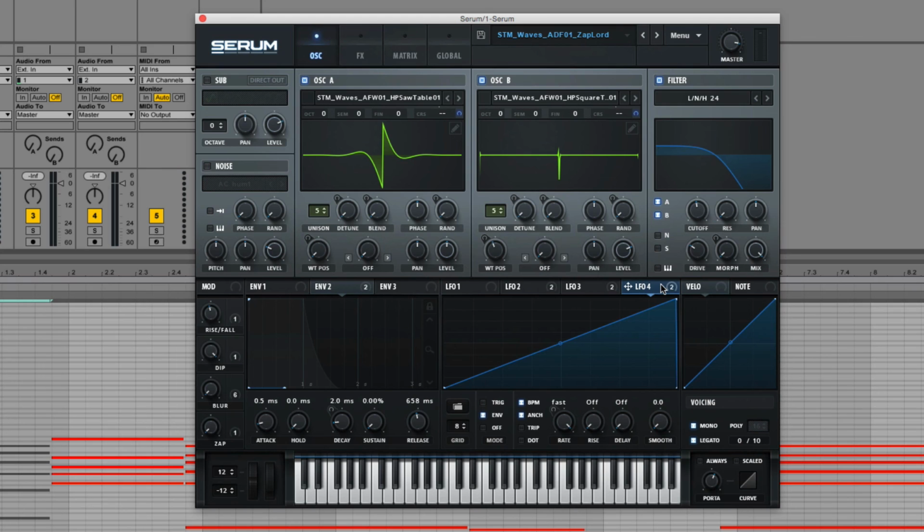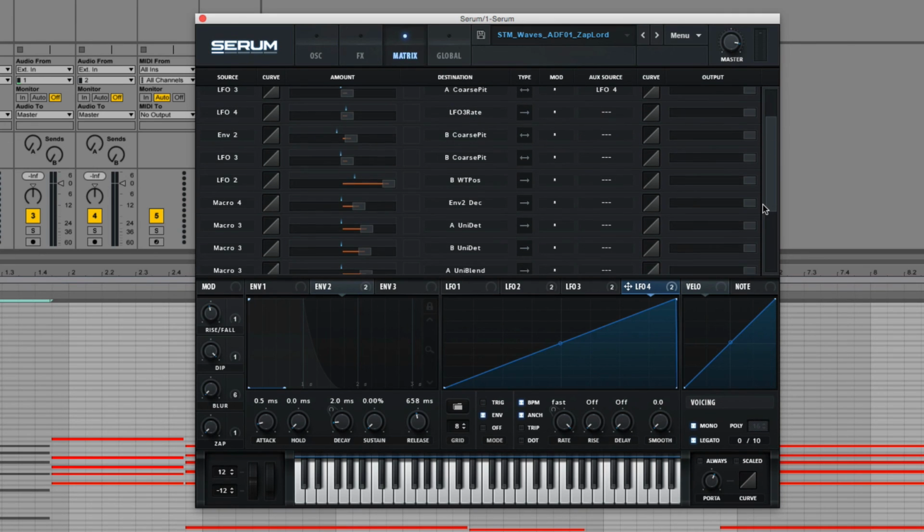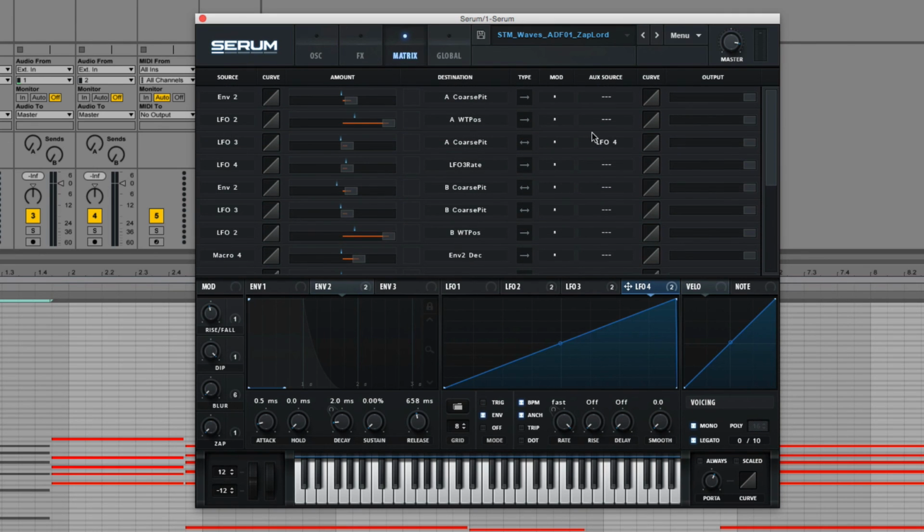And LFO4 is set as an auxiliary mod on for LFO3, which we'll go over that setting in a second, and then it's also the LFO3 rate right here.